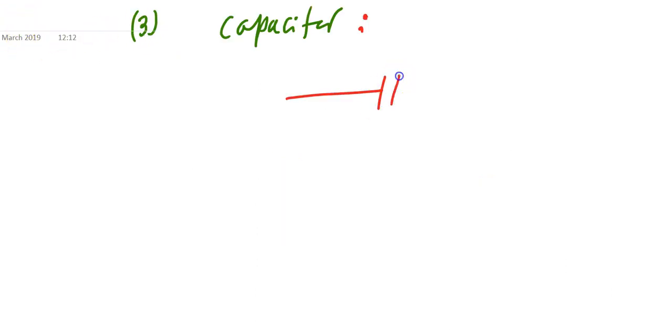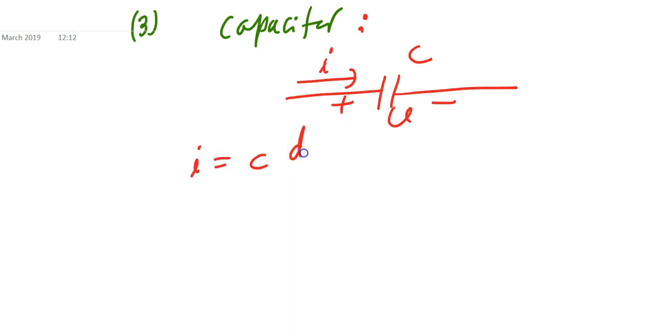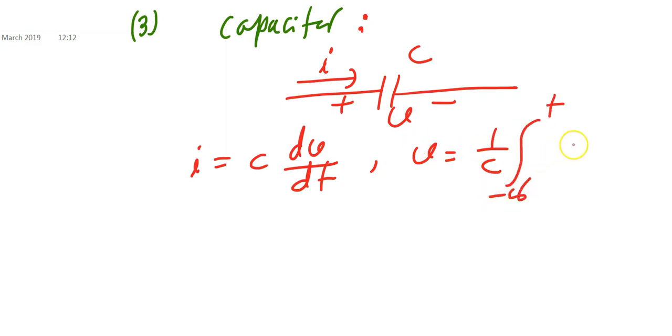Then we'll move to the capacitor. Draw the capacitor. See, this is the current, this is the voltage. Basic relations are I is equal to C dV/dt, and voltage is equal to 1/C times the integration from minus infinity to t of I d tau, right?